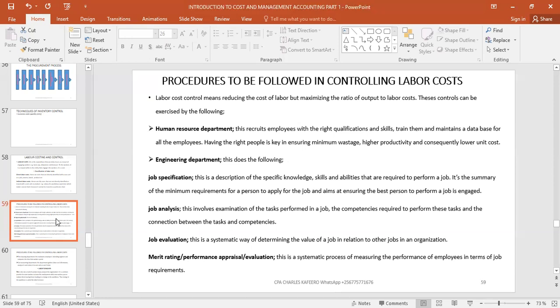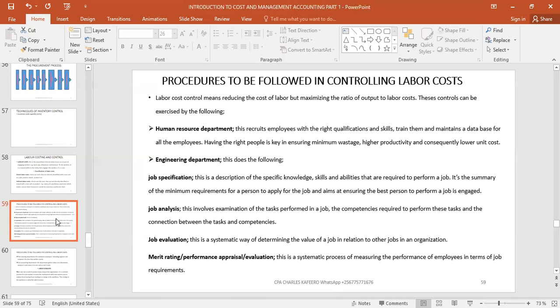Of course, when you look at a certain job, you will see that if the person has this minimum level of education, we expect that this person is supposed to know this and this and this. So we compare what we expect from the minimum education requirement of an applicant with the kind of job someone is going to be doing, and the tasks we are supposed to be doing.